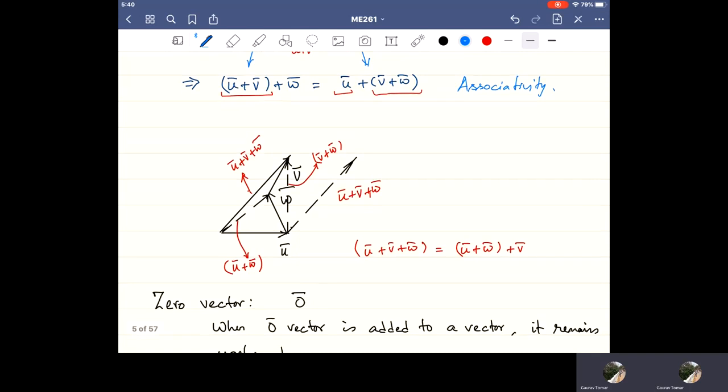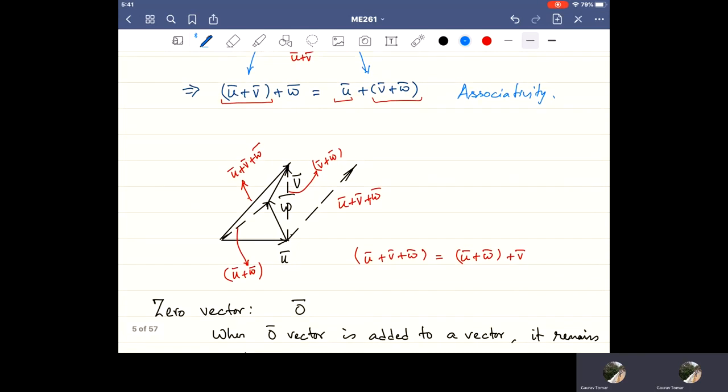Now, they also have an interesting property of commutativity. So whether you add U plus V plus W or you do U plus W plus V, they're equivalent. In this case, the same thing you can get by saying this is the U vector.